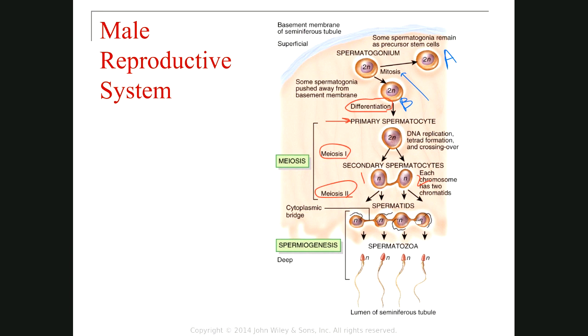First, these spermatids are connected together by a cytoplasmic bridge, then they separate from each other, and the last step is called spermiogenesis, in which the spermatid changes to a sperm. The sperm comes to the lumen of the seminiferous tubule.